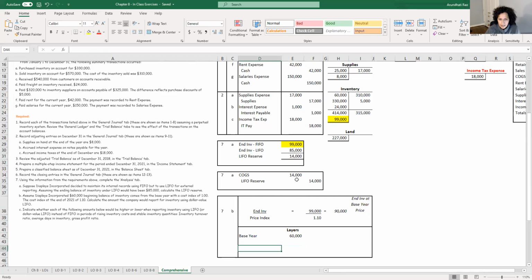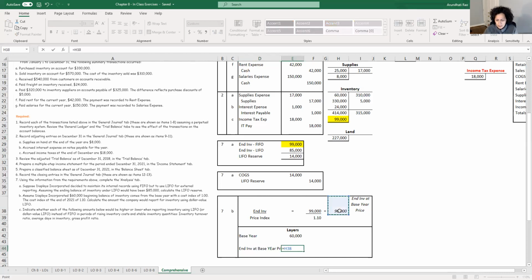If the ending inventory at the base year price is $90,000, that obviously means from the current year, I have a new layer of 30,000.